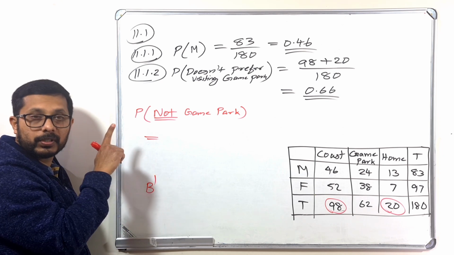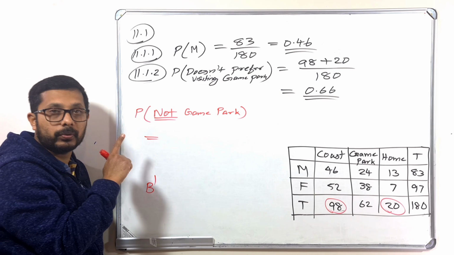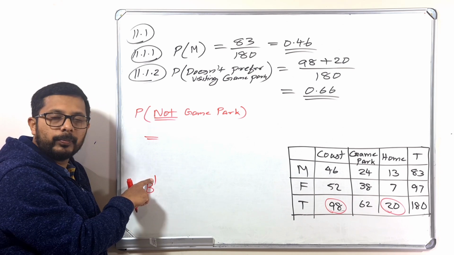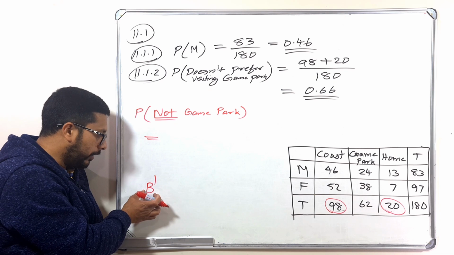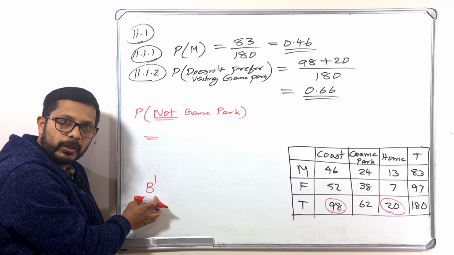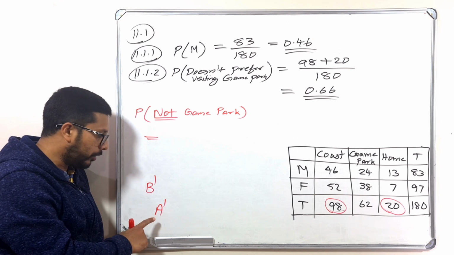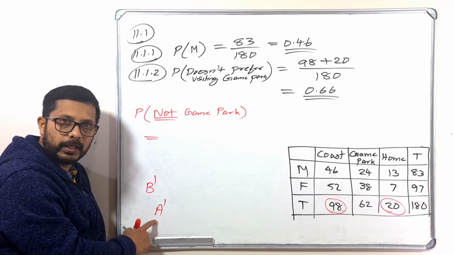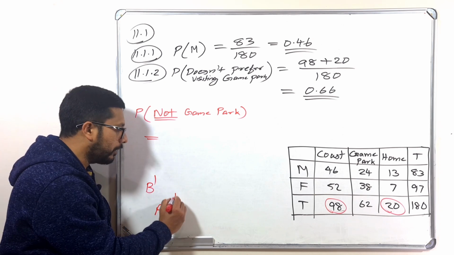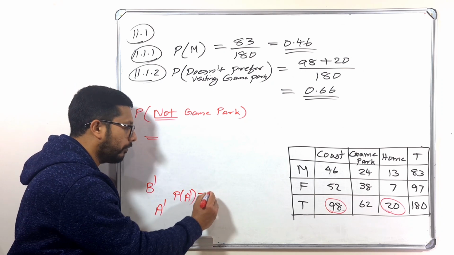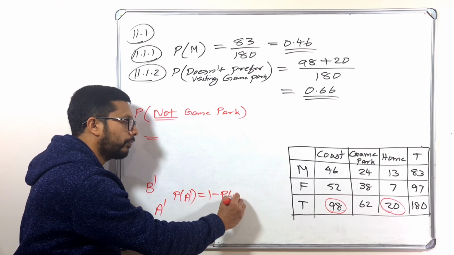You have to watch that first video of this probability section. B complement means we are not allowed to take anything from B. A complement means we are not allowed to take anything from A. And probability of A complement is 1 minus probability of A.